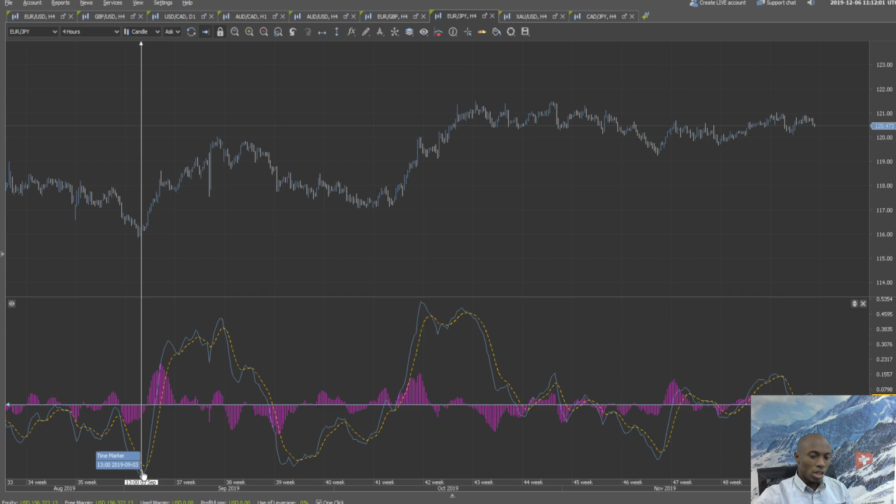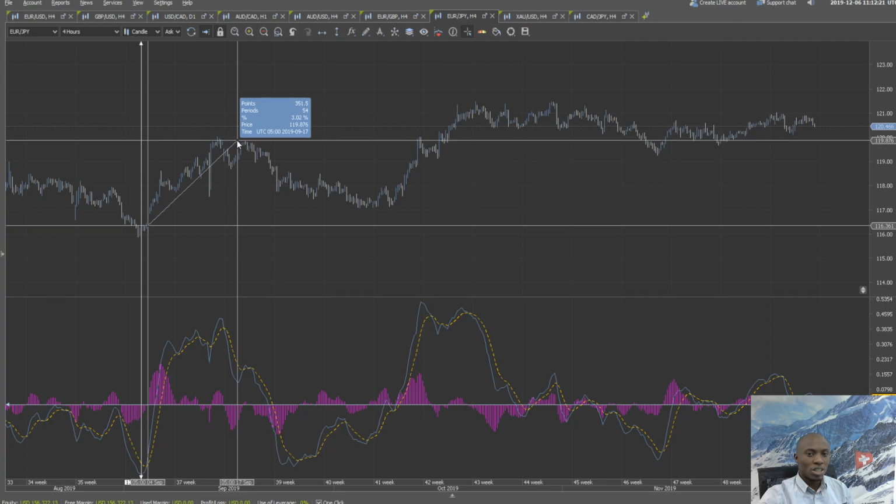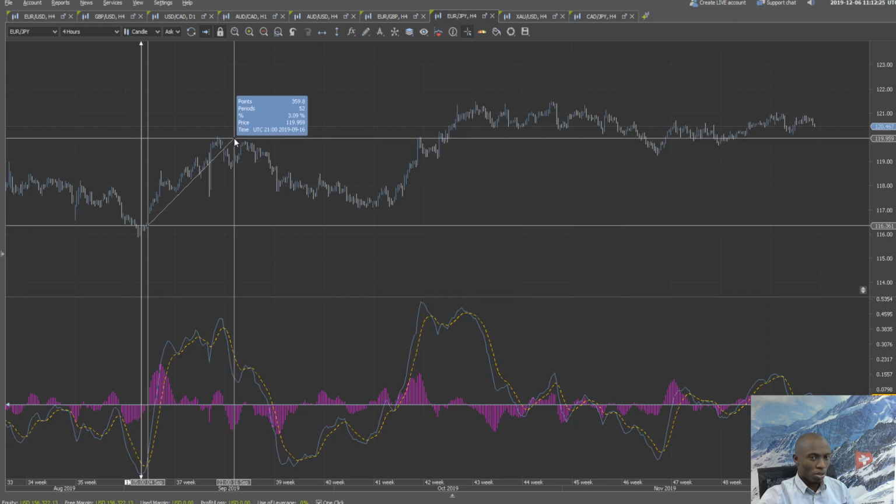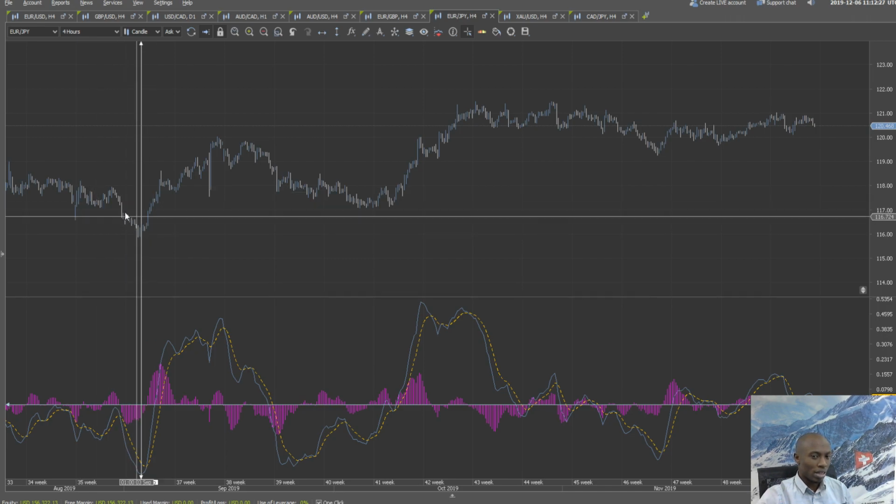You can see the MACD line and the signal line cross below the 0.00 level. That's a signal to buy this market. You can easily buy. What happened here? When it crossed and maybe you jump into the market, there's a big chance for you to accumulate 350 pips, depending on when you enter the market.